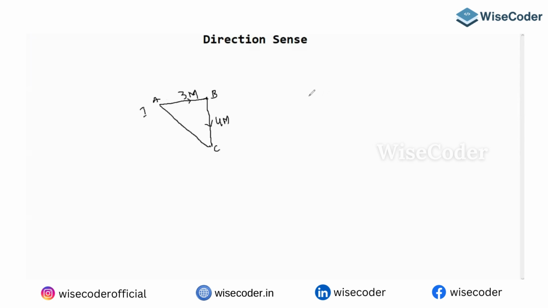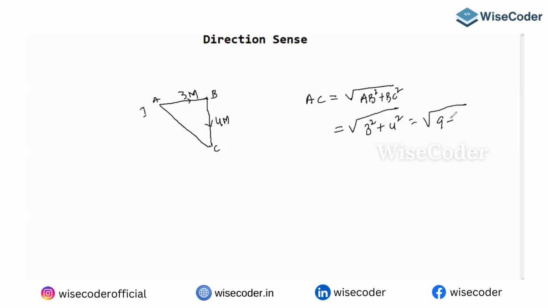If you want AC, according to the Pythagoras theorem, AC squared equals AB squared plus BC squared. AB is 3 meters, so 3 squared plus BC squared. BC is 4, so 4 squared.